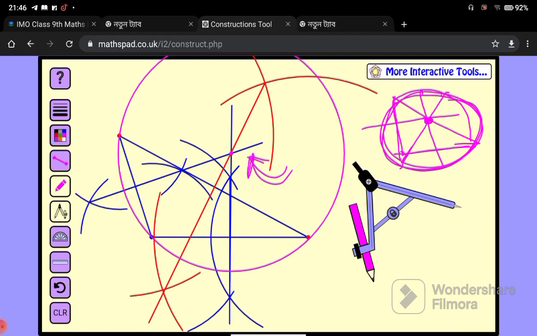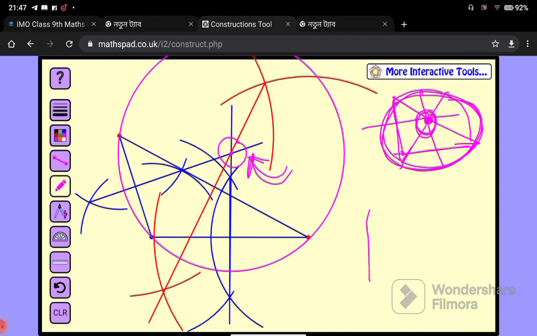Okay, right triangle, the circumcenter will be on where? On the hypotenuse. So this circumcenter will be on the hypotenuse if the triangle is a right angle triangle. Now for the orthocenter, if you take this right triangle, what will be the position of the orthocenter?